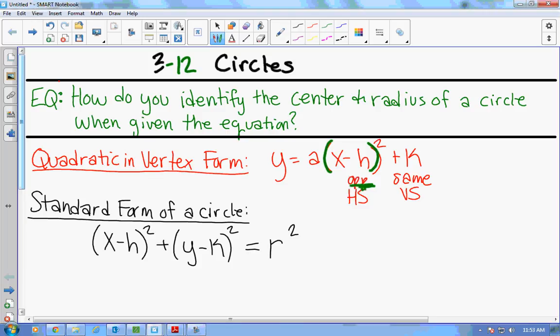When it's in this form, it's really easy to draw the circle.